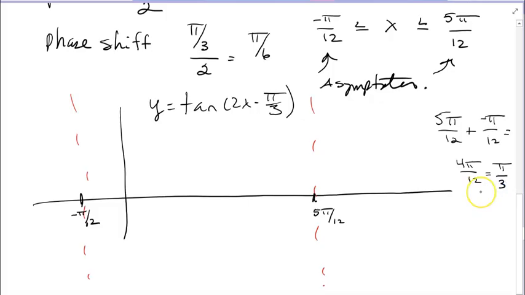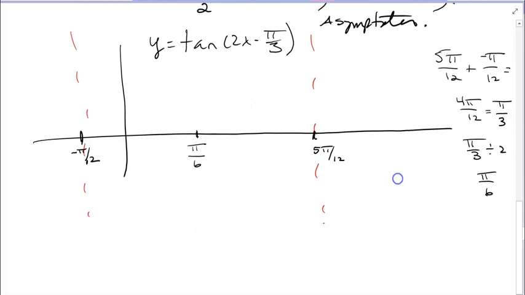Add them, divide by 2. You're basically taking the average between these two values on your graph. You're trying to find the middle value. Pi over 3 divided by 2. Don't forget, division by 2 is multiplication by a half, so it's pi over 6. So at exactly pi over 6, you will have an intercept.